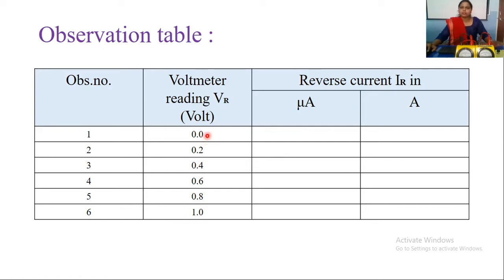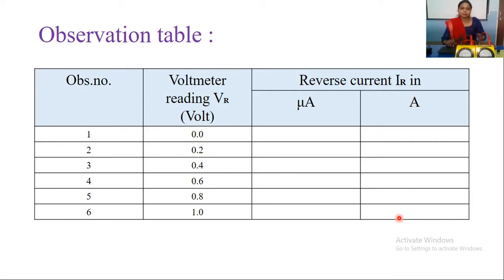For keeping, we have to maintain the voltage. Accordingly, we have to maintain the current. Now we will write the current in microampere column. After that, we have to convert it into ampere by multiplying by 10 to the power minus 6. Means we have to draw a graph between the voltage column and the current in ampere column.